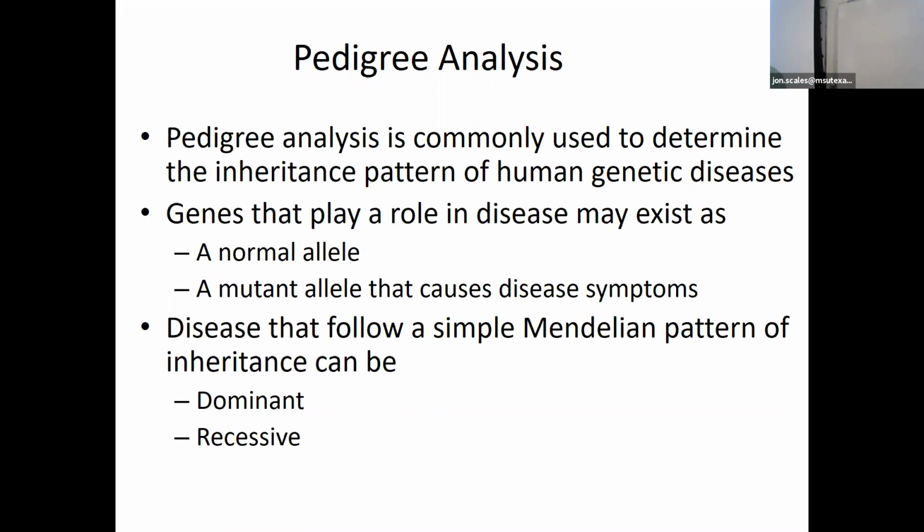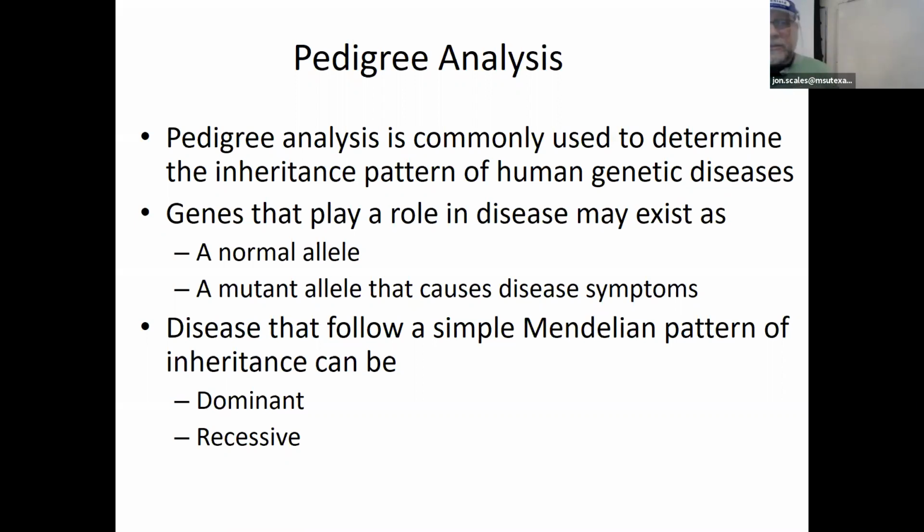The first is, is it inherited in a dominant manner or a recessive manner? Okay, so you can only determine dominant versus recessive. And so far, that's the only type of inheritance we've even talked about, but there are several other patterns. Okay, but those patterns are irrelevant to pedigree analysis.